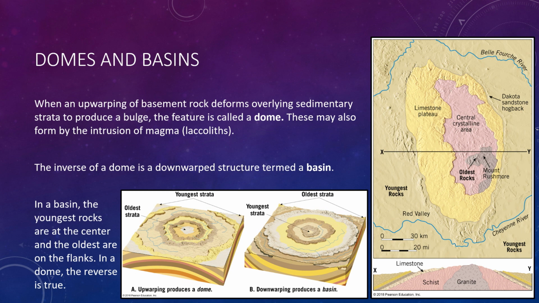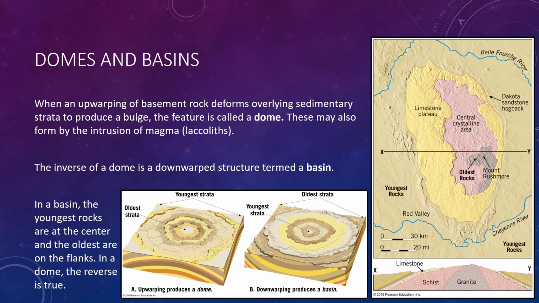Structural domes can also be formed by the intrusion of magma, such as a laccolith. In addition, the upwarping migration of buried salt deposits can also produce salt domes like those beneath the Gulf of Mexico. Salt domes are economically important rock structures because when salt migrates upward, the surrounding oil-bearing sedimentary strata deforms to form oil reserves.